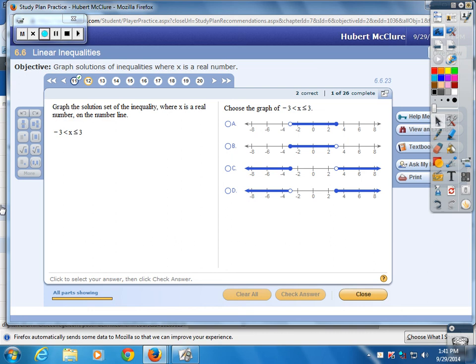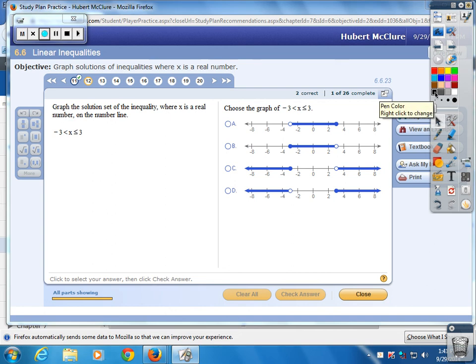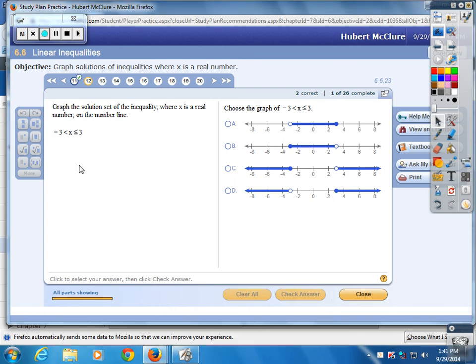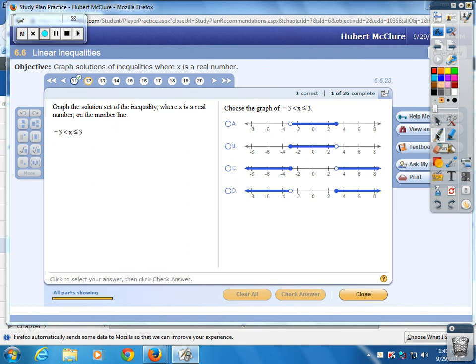It says negative 3 is less than x, which is less than or equal to 3.